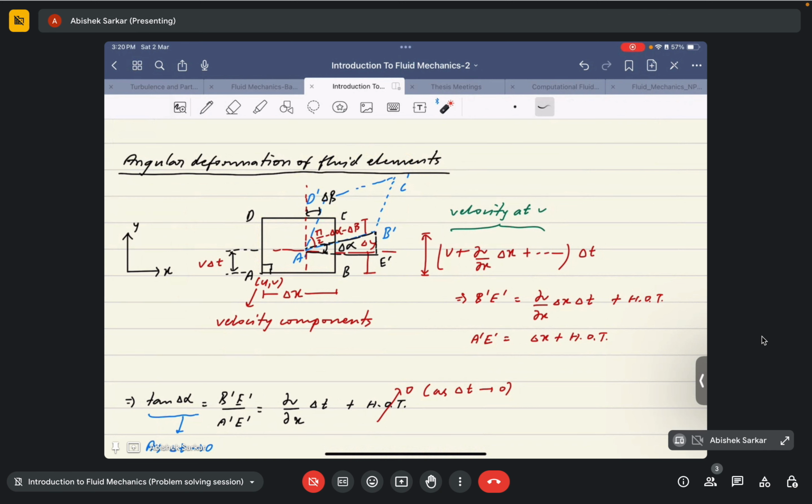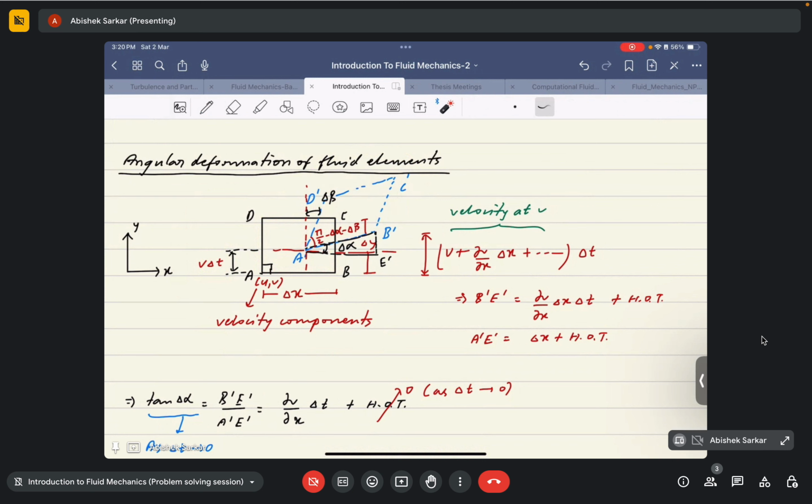Okay, so let us assume that after some time, say delta t, the fluid element has traversed a particular displacement, say a dash, that is, the point A has traversed a distance of a dash, and the fluid element has deformed to this current shape.